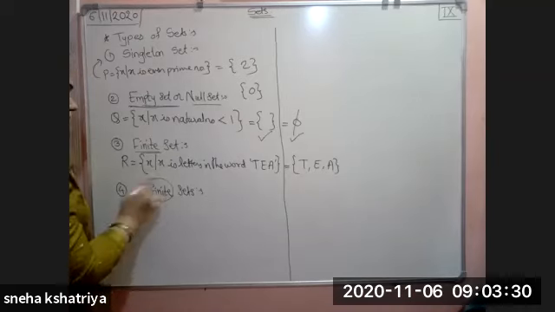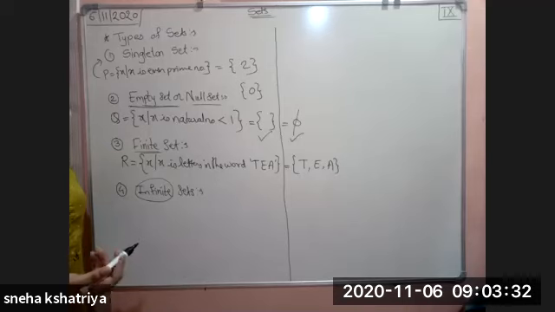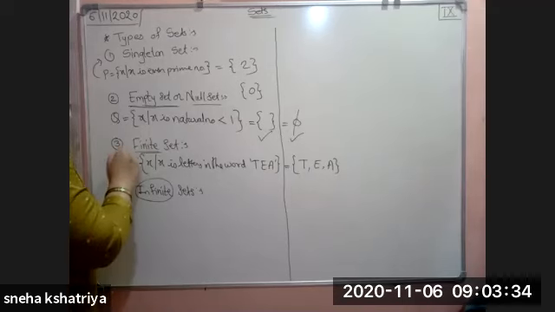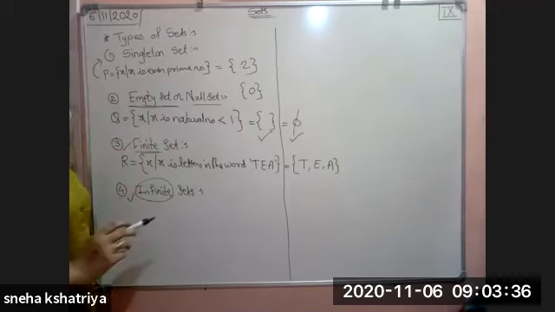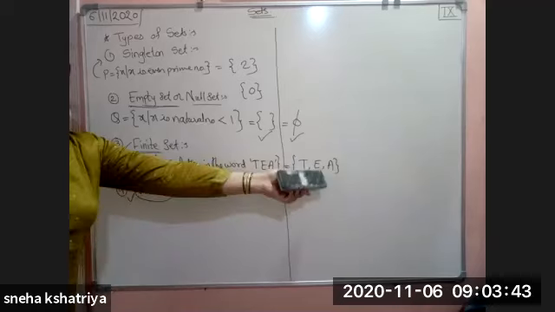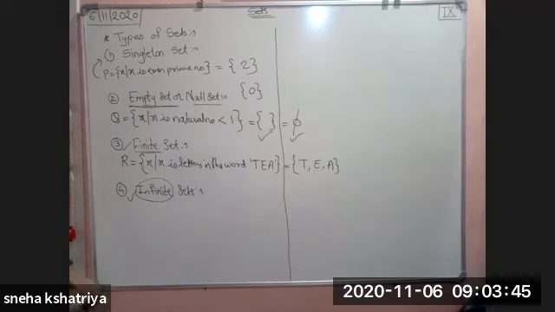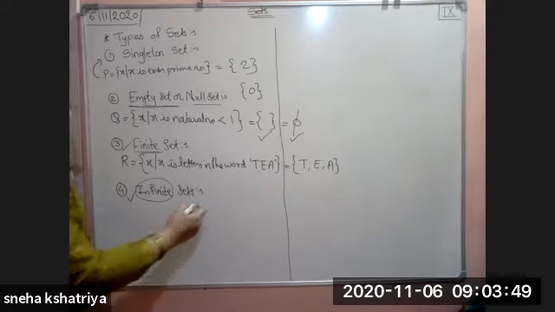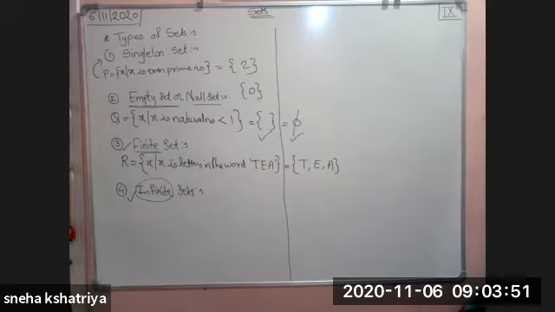Then what is an infinite set? It is the set which is uncountable. Infinite means it goes on and on and on. There is no end or completion. That set is called an infinite set. The set whose elements are not countable is called an infinite set.